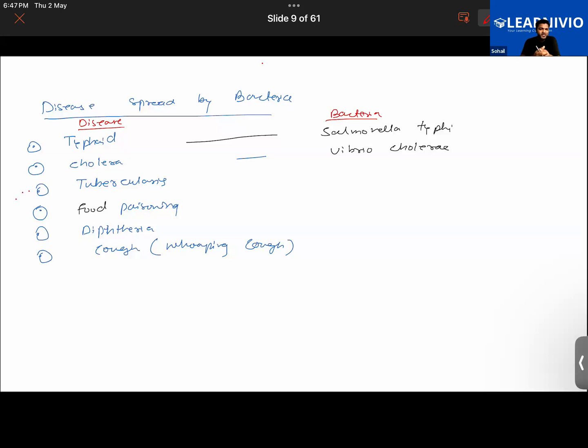Apart from infecting the lungs, it can also infect other parts of the body. It can affect the spinal cord, the spine, the brain, and different types of glands in the body. So once the bacteria of tuberculosis goes inside the body, particularly the lungs, it will start to multiply and attack other parts of the body also.